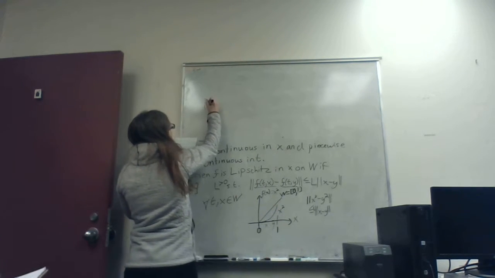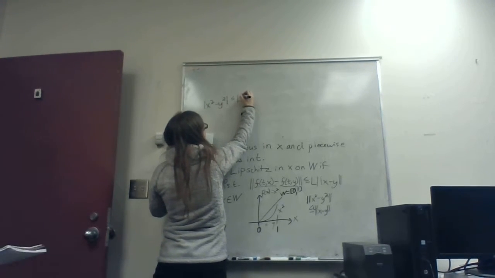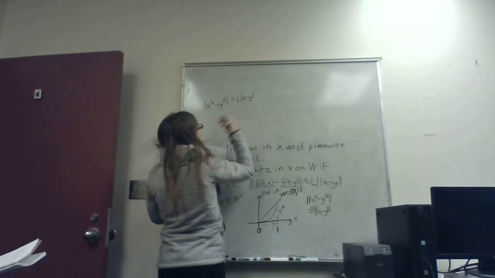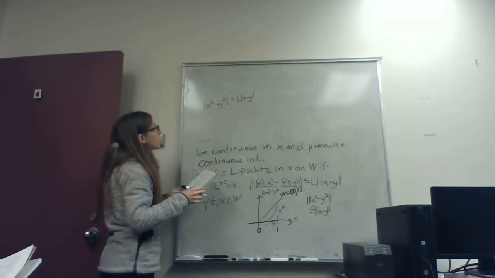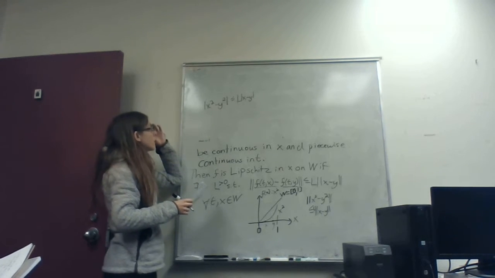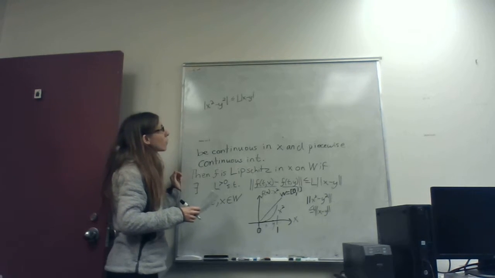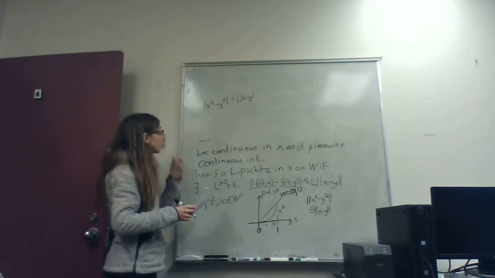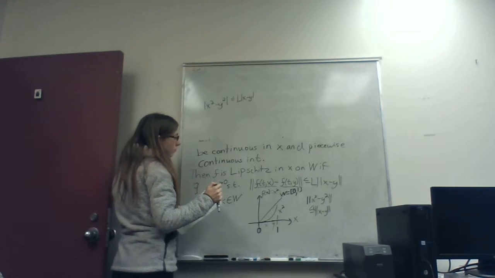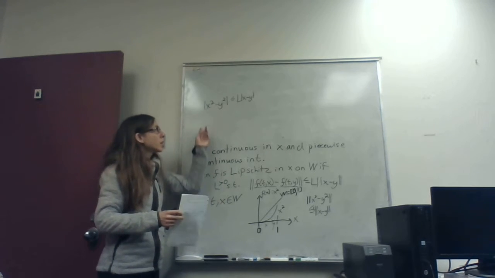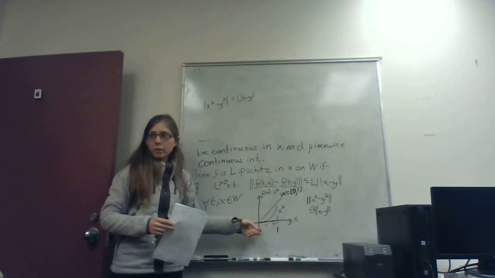So something like the absolute value of x squared minus y squared is less than or equal to L times the absolute value of x minus y. That does look a lot like the idea of bounding something with a line. Of course you could go through and test this for every point in the set, but that would be equivalent to the idea of bounding it with a line.